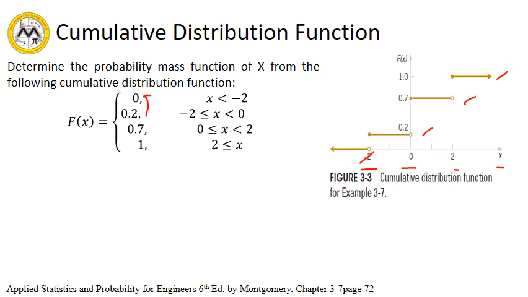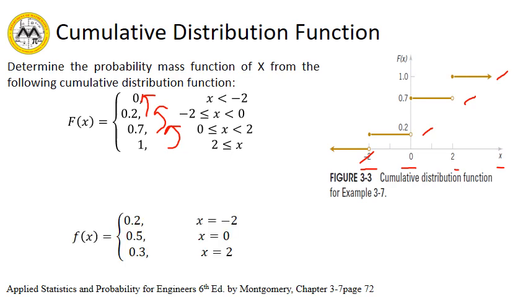So we have 0.2 minus 0 equal to 0.2, 0.7 minus 0.2 equal to 0.5, and 1 minus 0.7 equal to 0.3. So the probability mass function is equal to 0.2, 0.5, 0.3 when x would be equal to -2, 0, and 2 respectively.